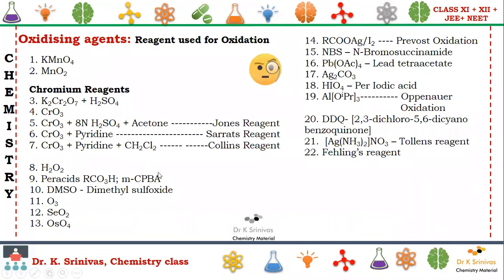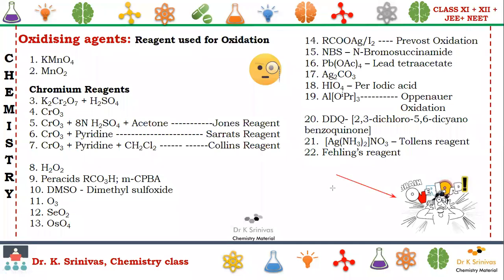If you observe carefully, we have approximately 22 reagents. Don't get panicked by seeing all these things. We'll try to make it as simple as possible so you don't think that your brain is overloaded. We try to simplify that by having a simple method.